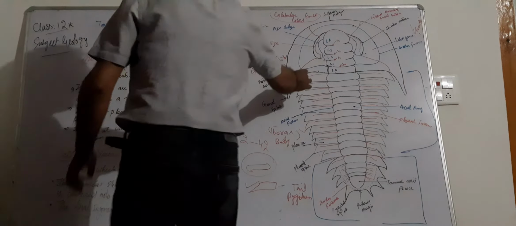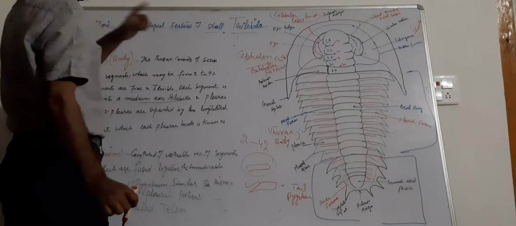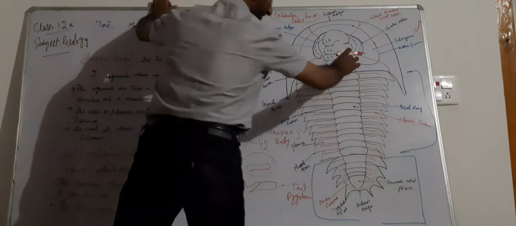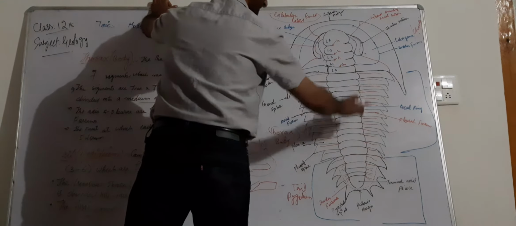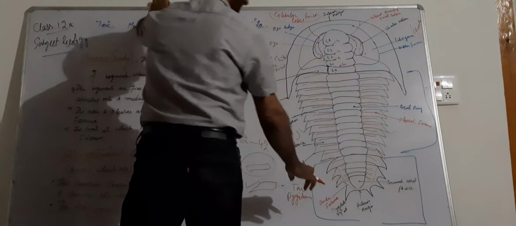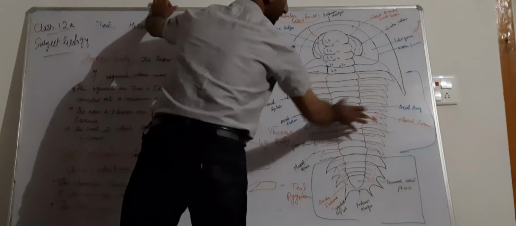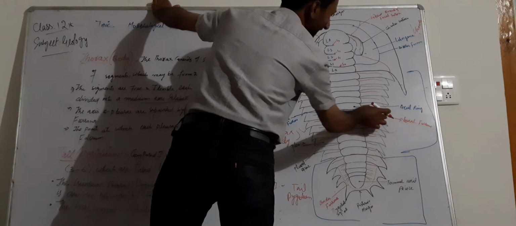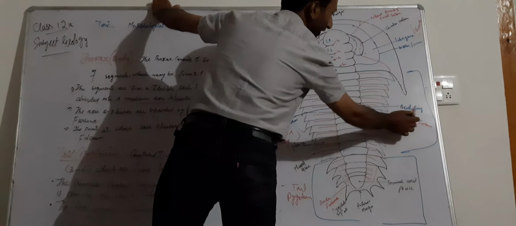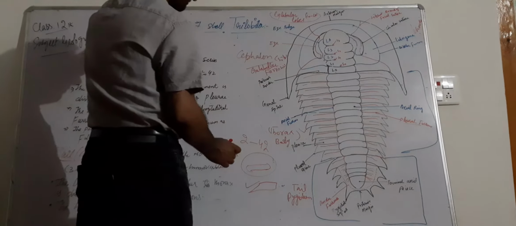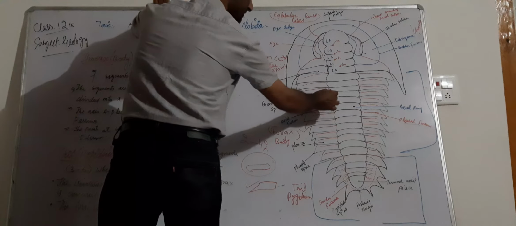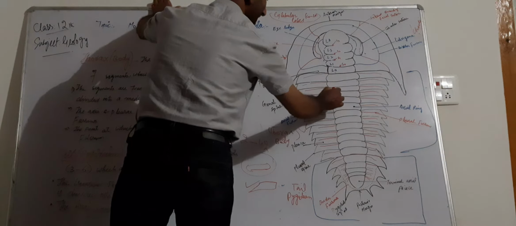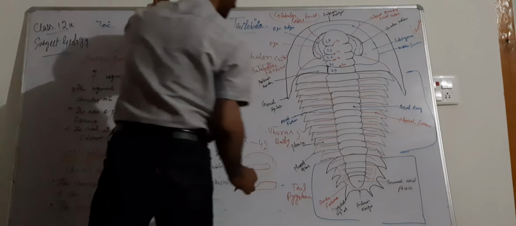So this is all regarding the body, where we have seen axial furrows and axial rings. These are axial rings, or the main axial lobe. These side lobes are known as pleural lobes, and these red lines in between the pleural lobes are known as pleural furrows. These side longitudinal lines are axial furrows.